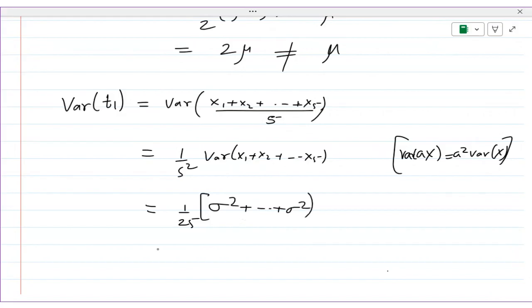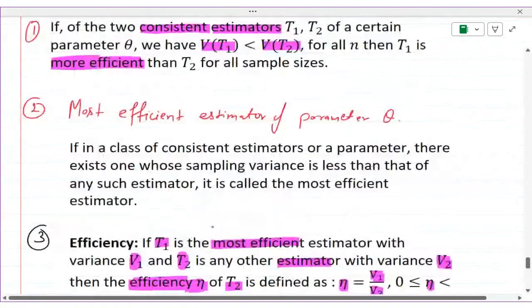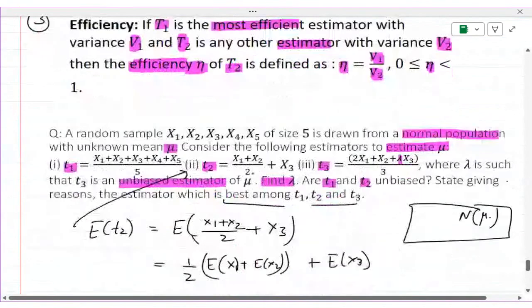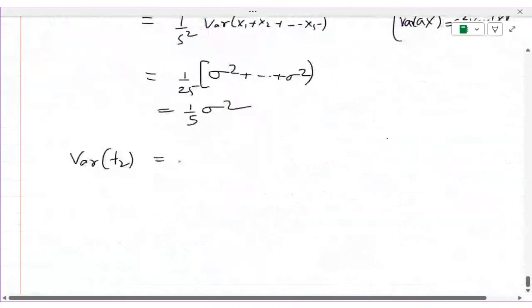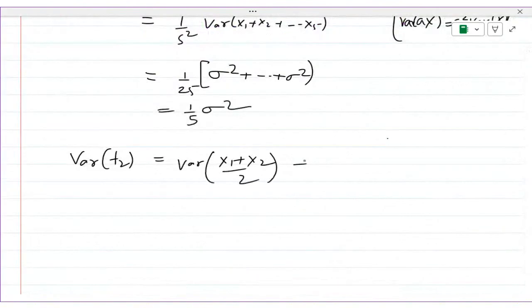So 1 by 5 sigma square I will get. In the same way, I will find the variance of T2. The variance of T2 will be the variance of x1 plus x2 divided by 2 plus variance of x3.